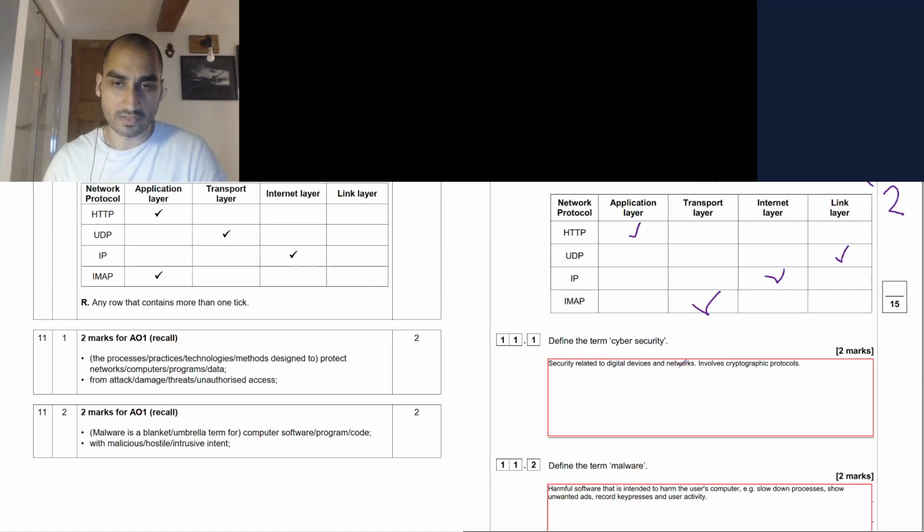Digital devices and networks. I feel like I've hit this first bullet point, just worded in a very different way, but I didn't really elaborate on what I meant by security, so I think it's 1 mark. It could even be 0, but I think 1, because I have mentioned networks. It's just in very different words. I think 1 mark.